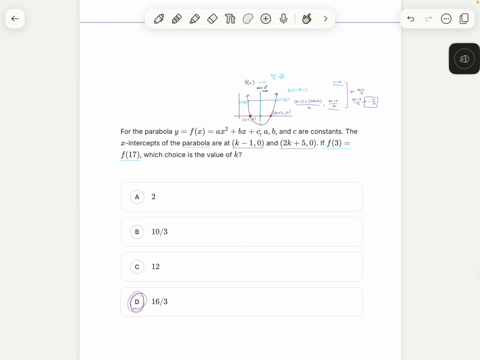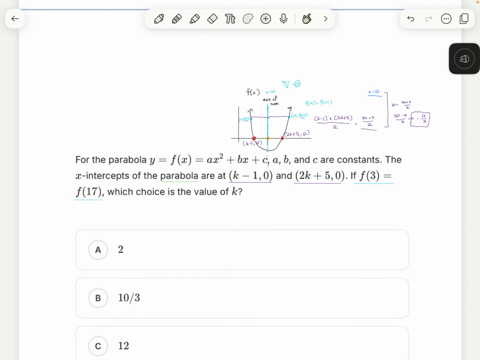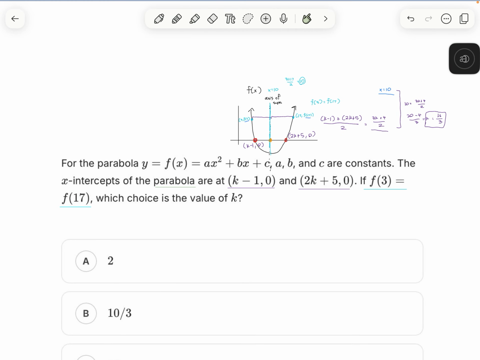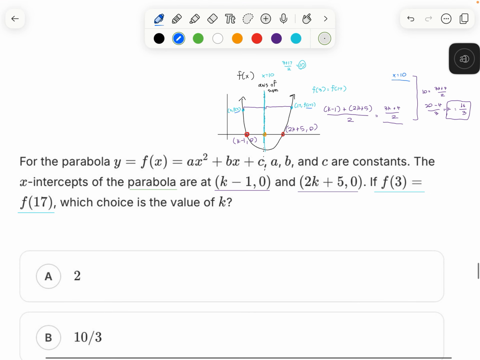So, what's the key thing to realize in this problem? Well, first of all, given that this is a parabola, you can leverage the fact that it's symmetrical in nature. And using that idea, you know that f of 3 equals f of 17.